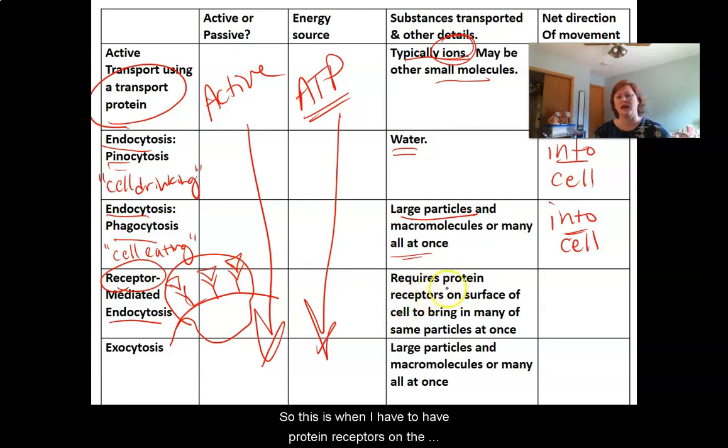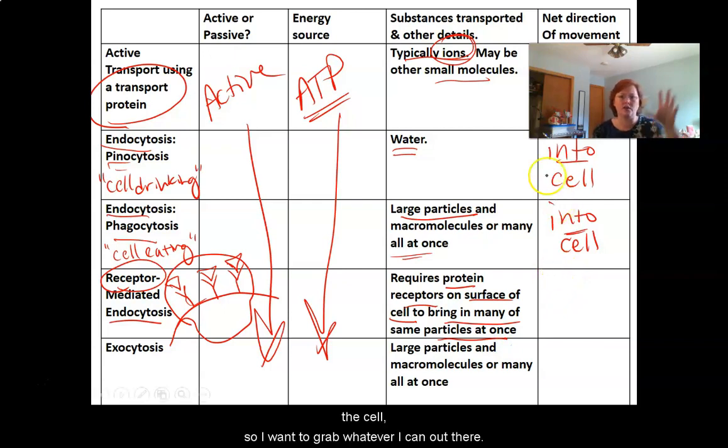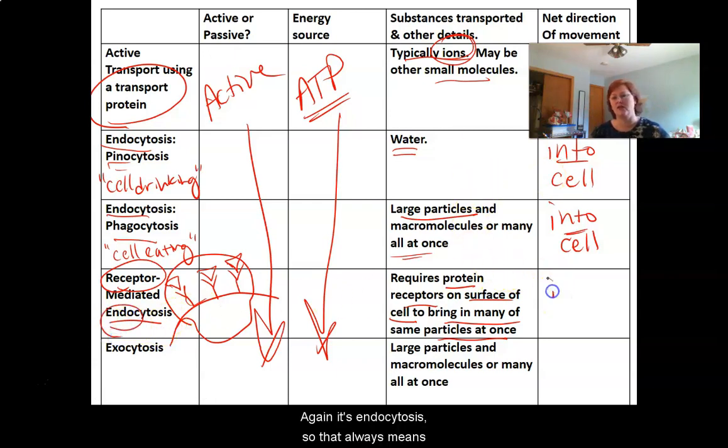So this is when I have protein receptors on the surface of the cell, those mailboxes, and I want to bring in a lot of particles all at once. Typically things that are in low concentration outside of the cell. So I really want to grab whatever I can out there. Again, it's endocytosis, so that always means into the cell.